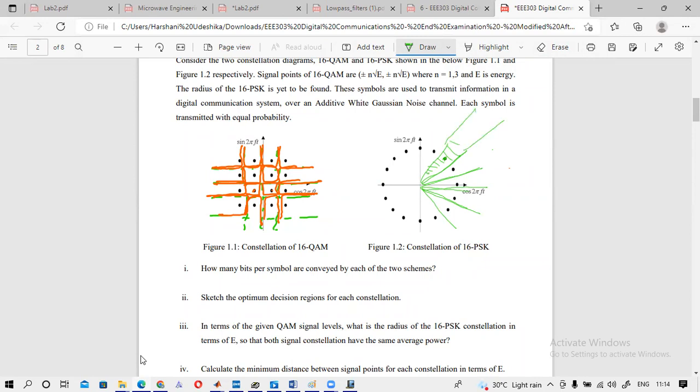Did you get it? So you can draw the optimum decision region. Actually, decision regions are these. So these are decision boundaries, and the decision region is this area. Did you get this?